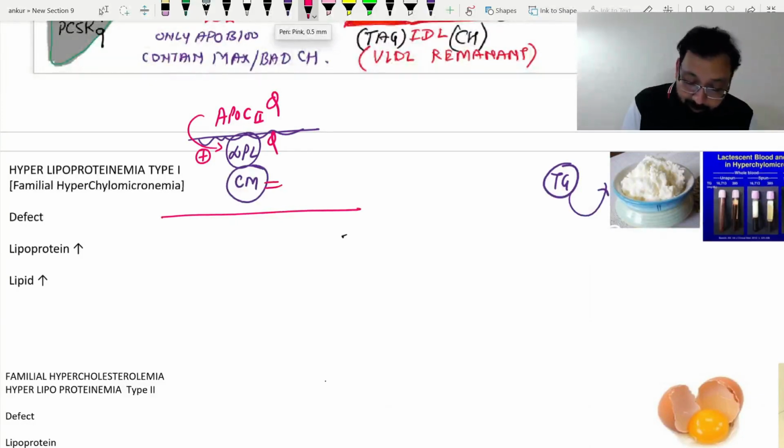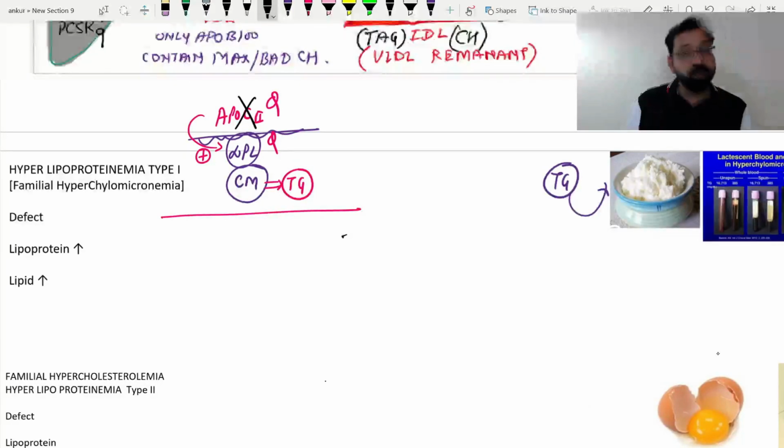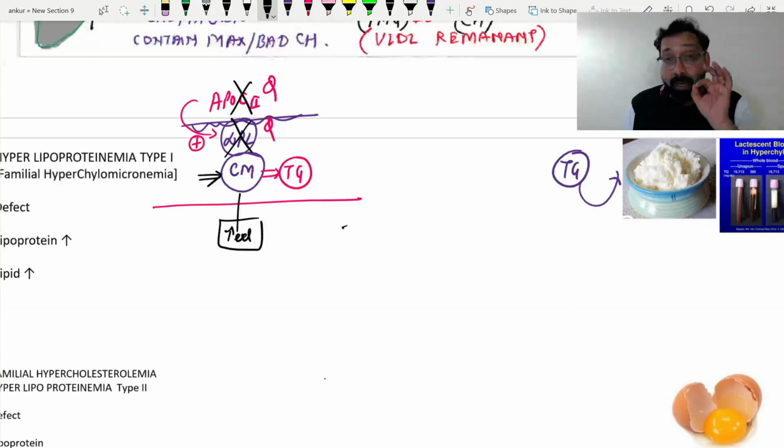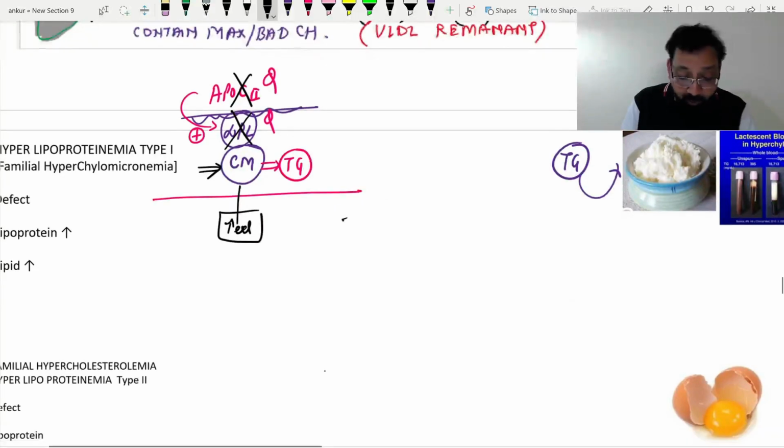Chylomicron contains mainly triglyceride. So if ApoC2 is defective, or lipoprotein lipase is deficient or has decreased activity, then chylomicron will not be metabolized. Chylomicron will be increased, and that's why it is called familial hyperchylomicronemia.